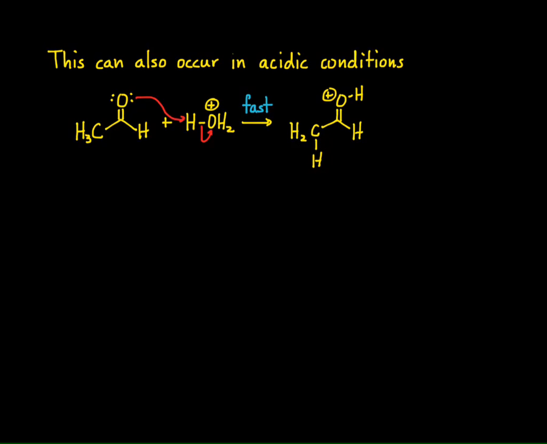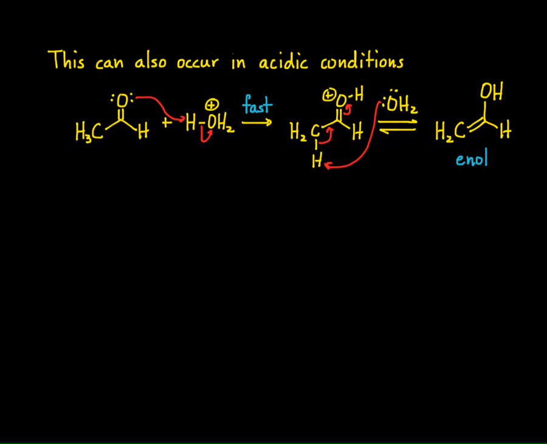So another possibility is that the water can remove an alpha hydrogen. And so when it does so, we form this, right? And this is an enol. Notice in basic conditions we form an enolate. In acidic conditions we form an enol.